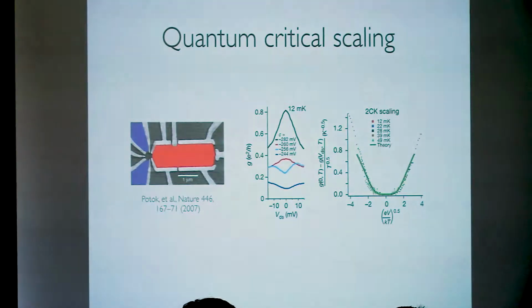Basically, if you plot the measured conductance through the small dot in a special way, which you can see by how the axes are presented, then there's a universal scaling behavior, and the measured experimental data are supposed to collapse on top of some curve. And this is characteristic of the quantum critical point.